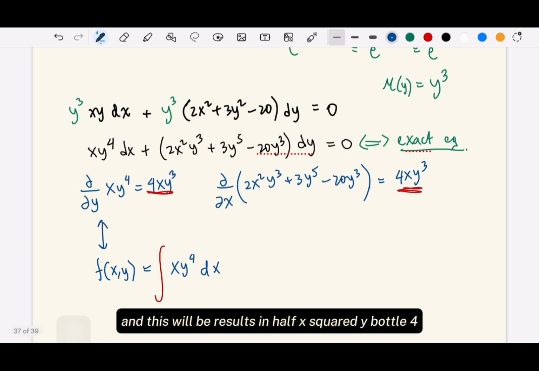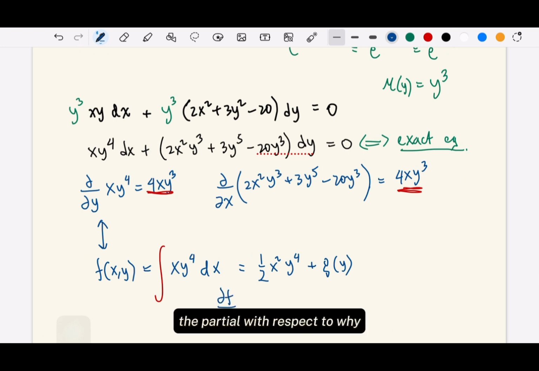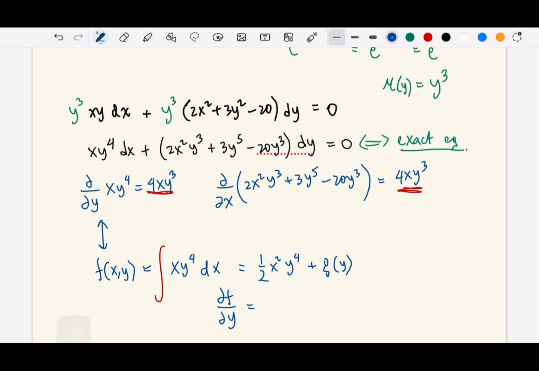And this results in half x squared y to the power of 4, plus g of y. And then take the partial with respect to y.